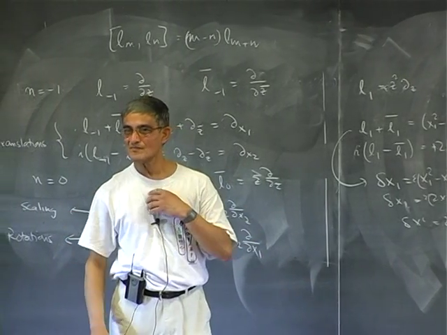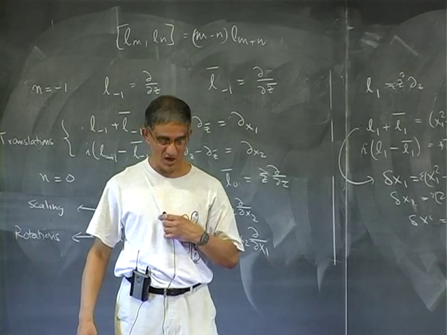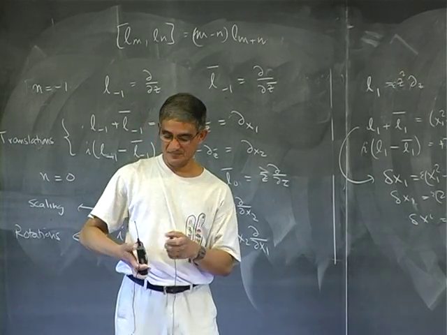Okay? And I'll end by showing how this correspondence gives you a geometrical picture of the renormalization group flows.